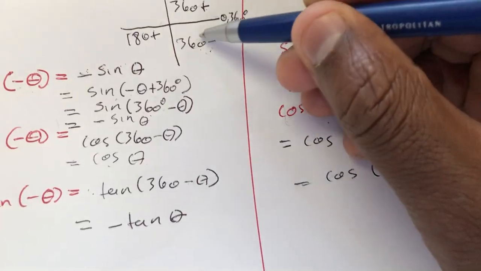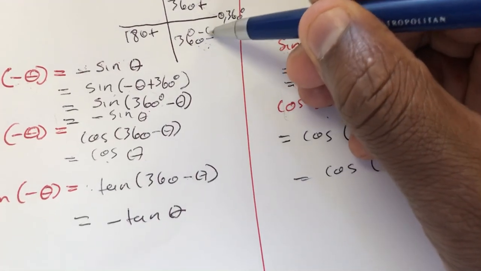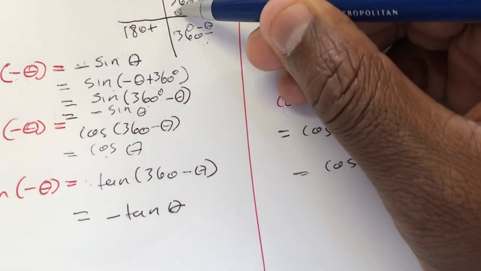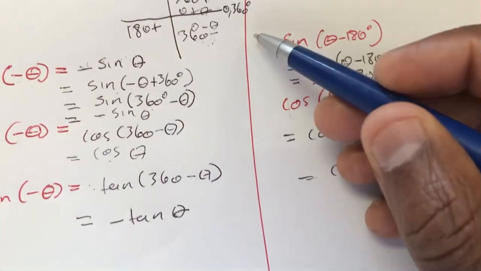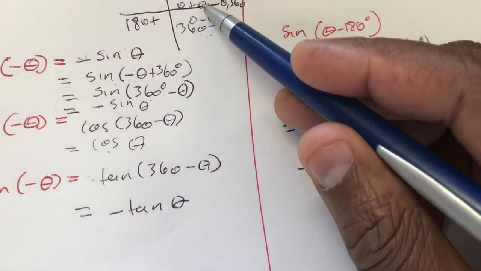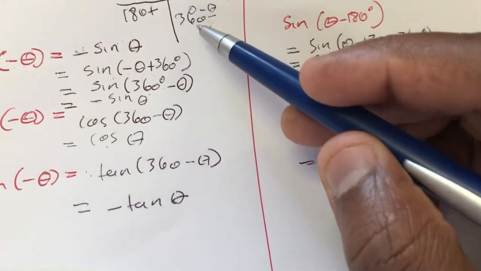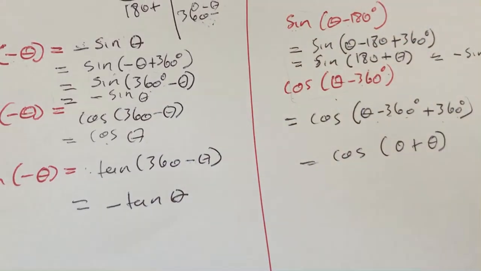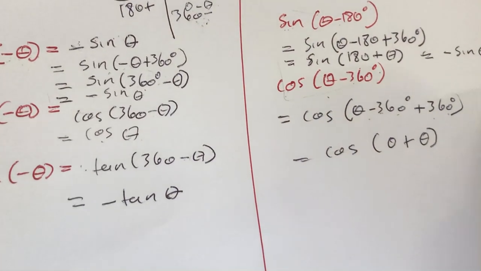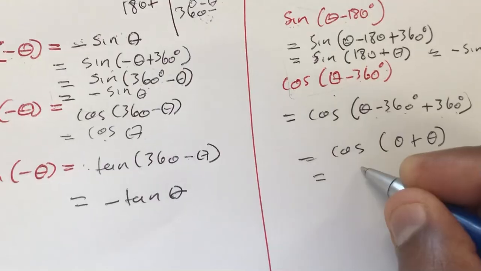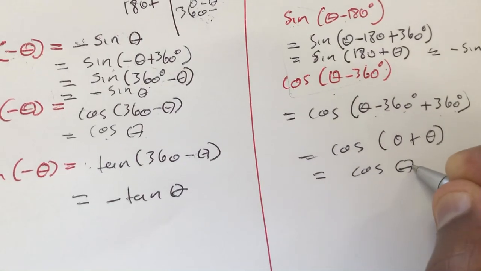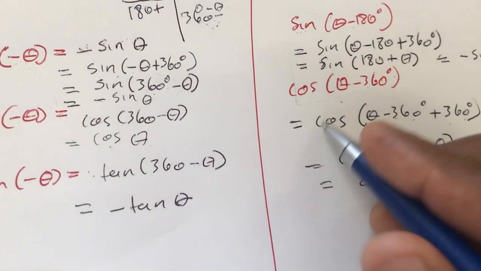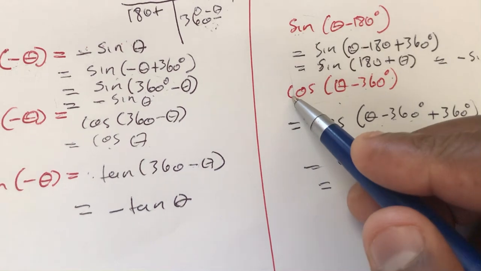This is 0, so this will be 0 minus theta, and then this will be 0 plus theta. You can see that 0 plus theta lies in the first quadrant, but 0 minus theta lies in the fourth quadrant. So therefore this one will be equal to cos of theta. This applies even when you have tan and sine.